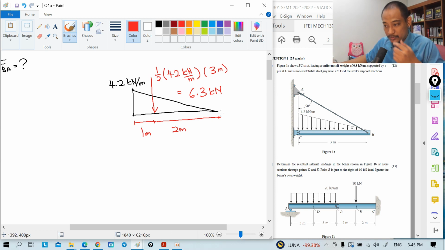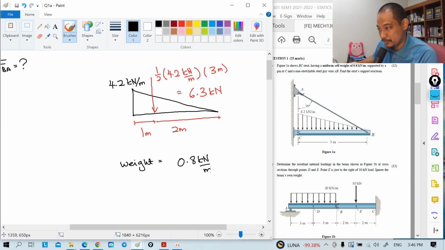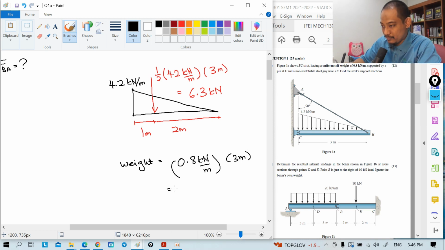So 6.3 kilonewton for that distributed loading. And for the weight, we have 0.8 kilonewton per meter and the total length of 3 meter. So 0.8 times 3 is 2.4 kilonewton. Those are the two forces that we need.